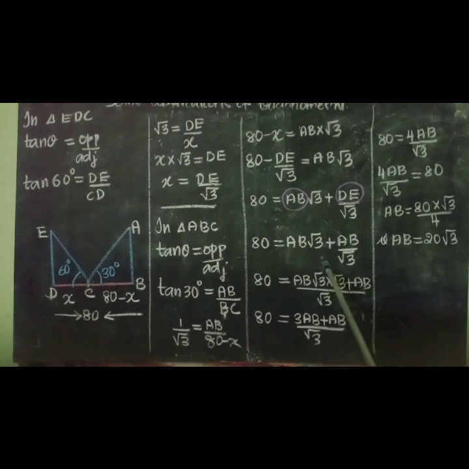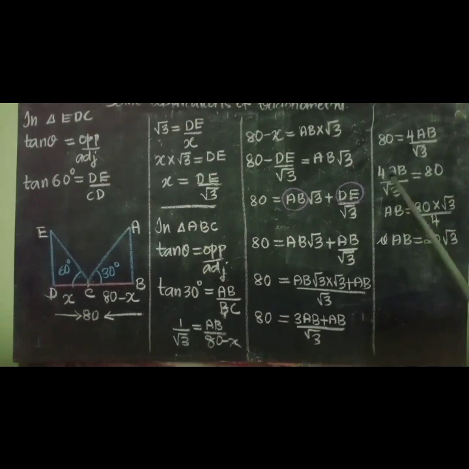Let us cross multiply here. We get 80 equal to AB root 3 into root 3 plus AB, whole divided by root 3. This root 3 into root 3 is 3. So we get 80 equal to 3AB plus AB, whole divided by root 3. 3AB plus AB is 4AB. So we get 80 equal to 4AB divided by root 3. Let us change the sides.